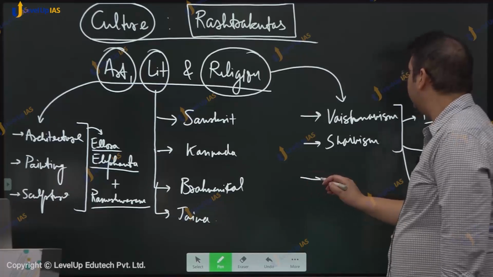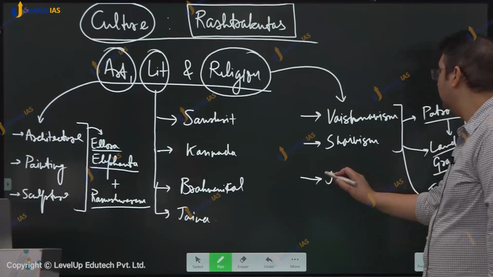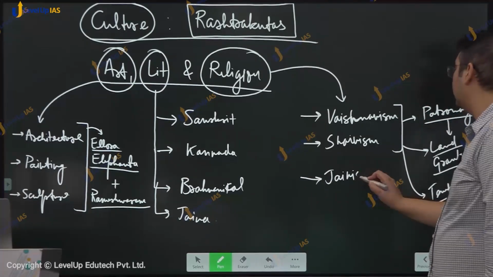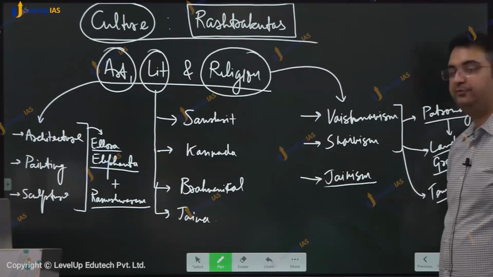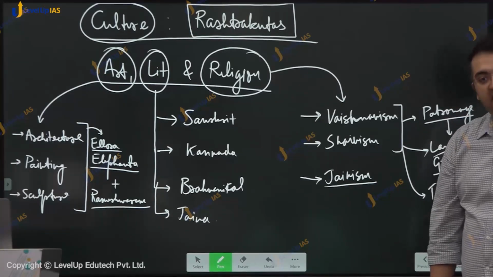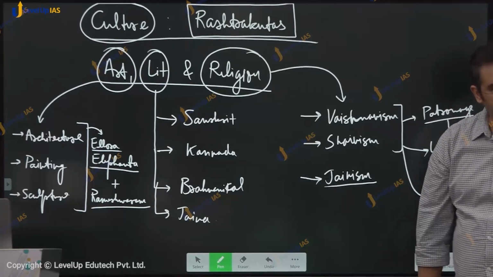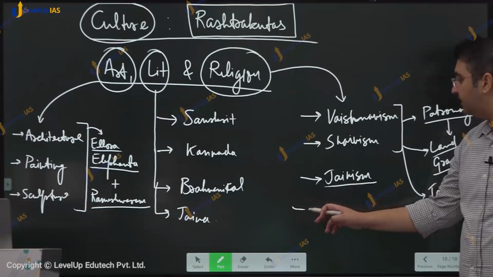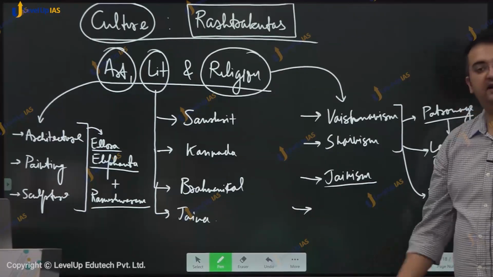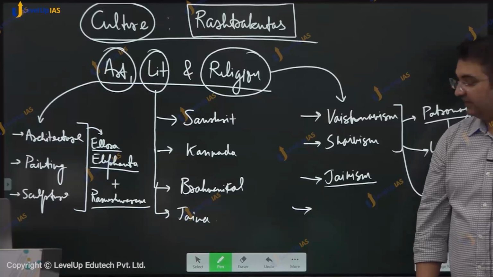We also see the growth of Jainism, especially under Jaina monarchs such as Amogh Varsha, etc. They patronized a large number of Jain scholars and constructed some Jain shrines, temples as well.